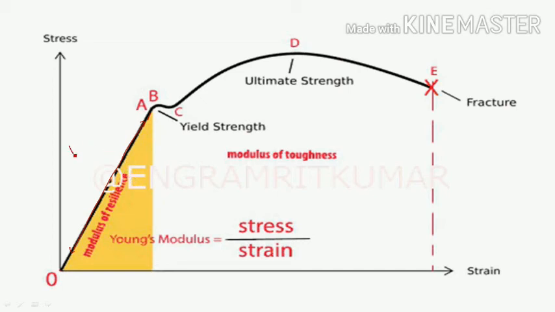Hooke's law states that stress is directly proportional to strain, so sigma is proportional to strain. That is valid only in this region, 0 to A. Young's modulus is stress by strain.